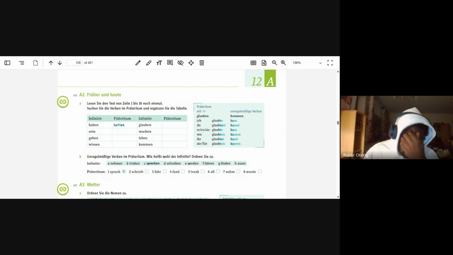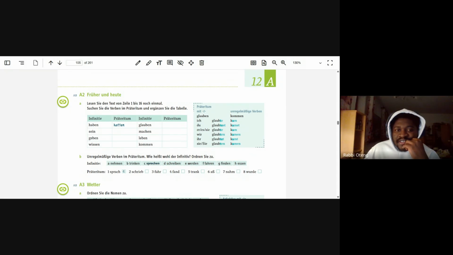Verbs with i, the i will change to a to form the Präteritum. So we have finden. If you want to say "I found the phone": ich fand. The fin changes to fand. Ich fand das Handy.